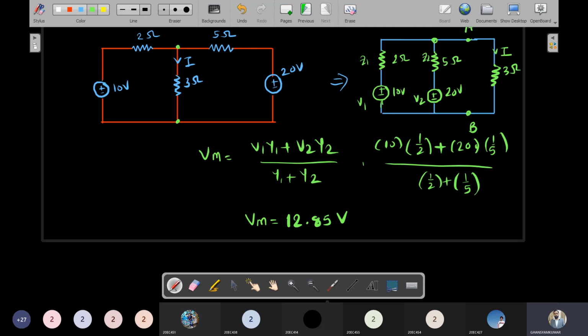Okay, so this is our Vm. We'll convert that network into a single source, and then we'll solve it.